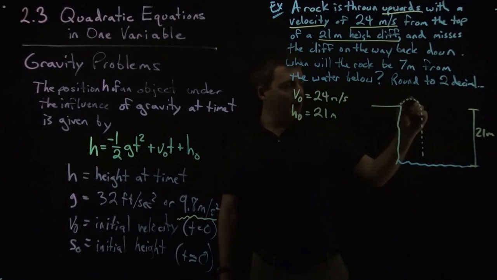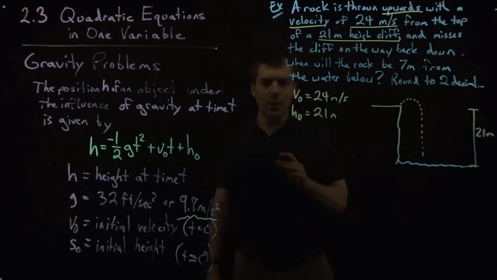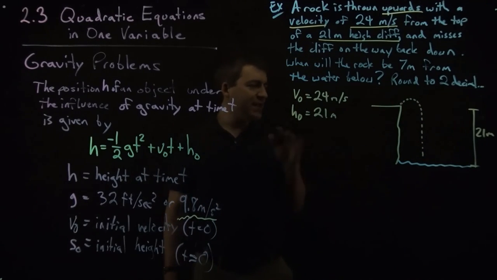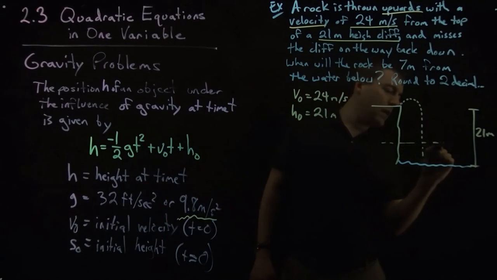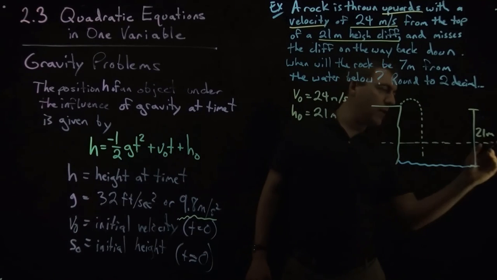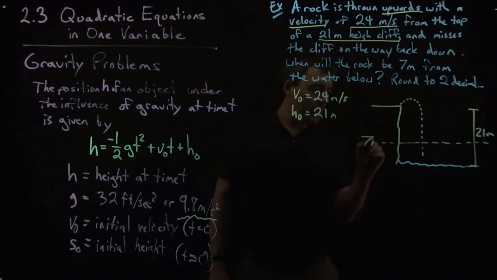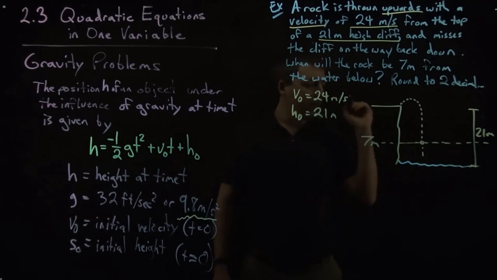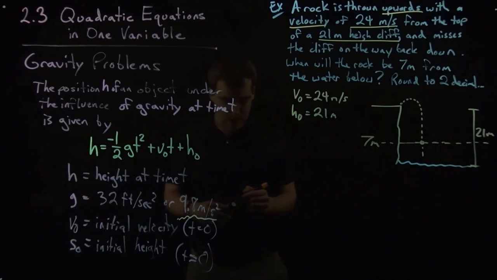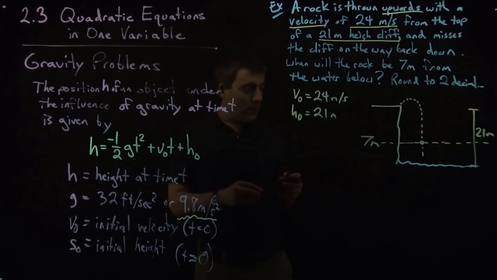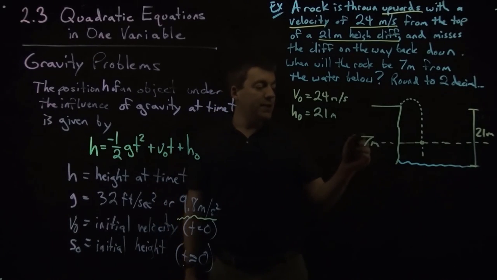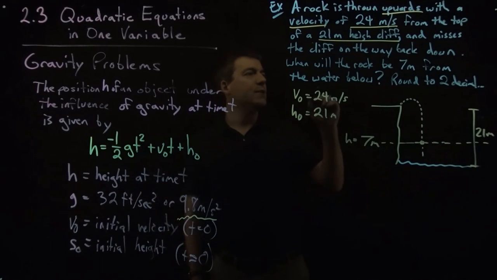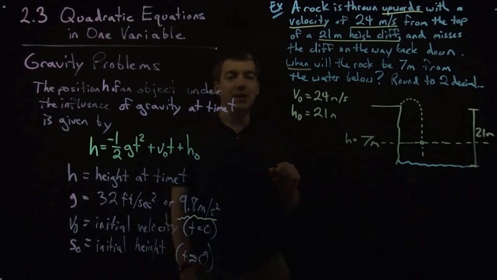So it's going to gain some height, and it's going to start to fall. And we're interested in the time when it is 7 meters above the ground. So I'll go ahead and put a dashed line here. Call that 7 meters. And that's the point we're interested in, right there. All right. So this is going to be some height, and we are asked to find when. So we're looking for a time.